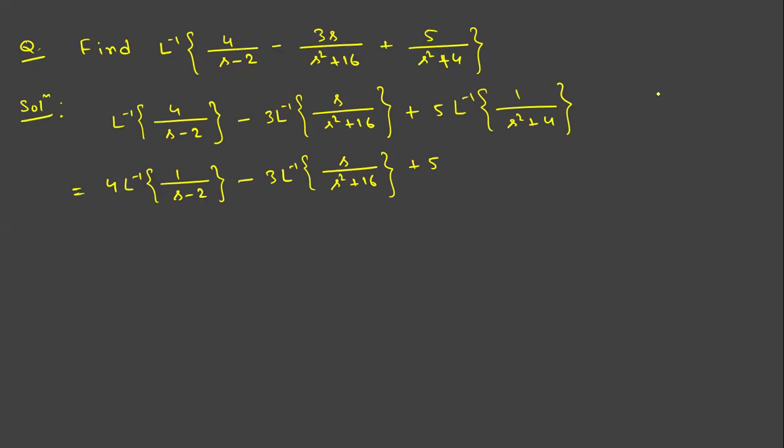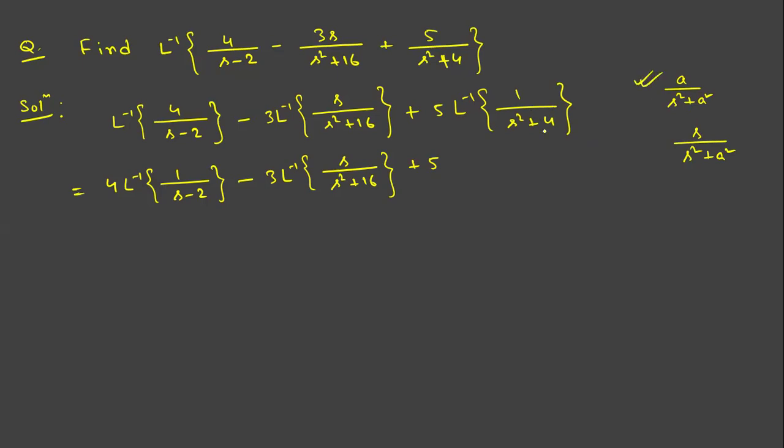When Laplace of sine at, the formula is a by s square plus a square, and when Laplace of cos at, the formula is s by s square plus a square. Here s is the variable, but there is no variable s in the numerator, so you cannot apply cos. From this expression you will not get cos. Obviously you will get sine, but in sine the formula is a by s square plus a square.